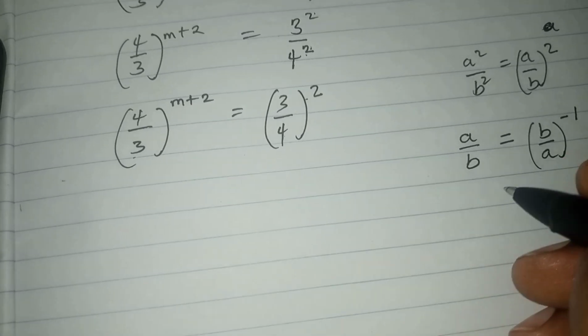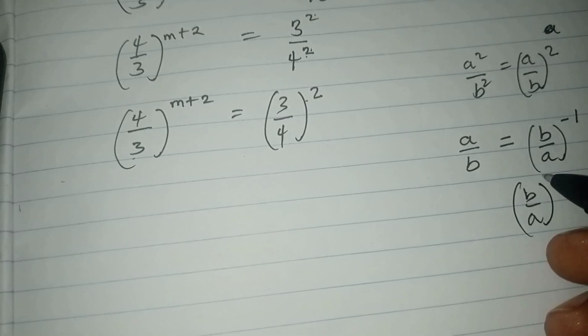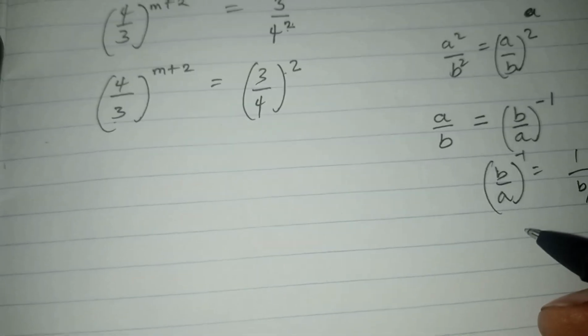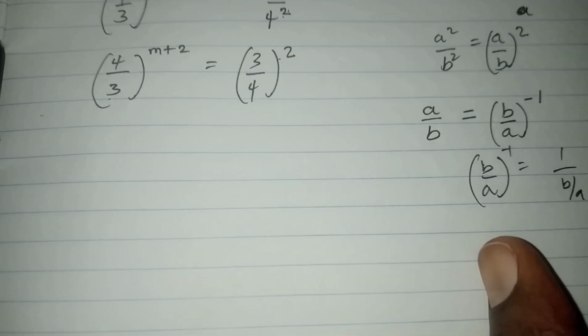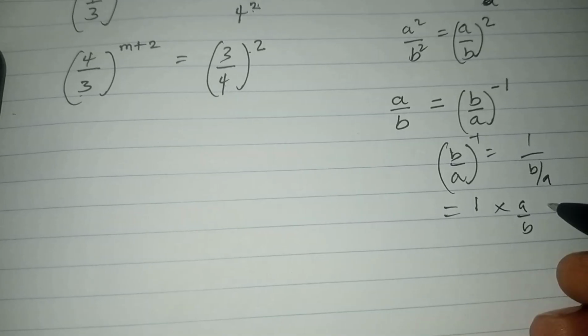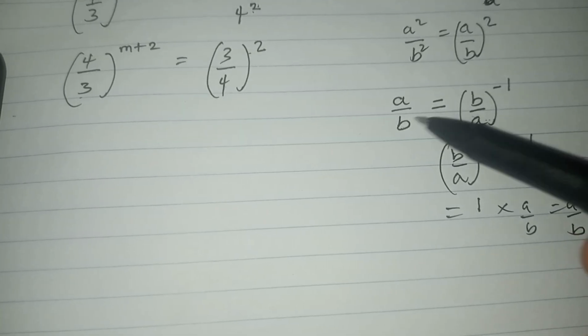If we open the bracket here, (b over a) raised to power minus 1 is 1 over b over a, which is equal to 1 times a over b, which is a over b. So this and this, they are the same thing.